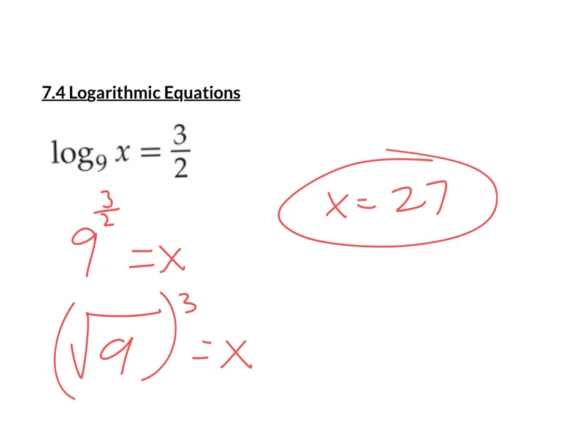Now, here's the key. Before I move on to the next problem, I want to make sure both of these numbers are positive. Because if they aren't, then we have a problem. Obviously 27 is positive, 9 is already positive, so we're in good shape. So that's the first type of problem you're going to be doing for homework. When there's one logarithm, you're going to switch it into exponential form and simplify until you find your answer.